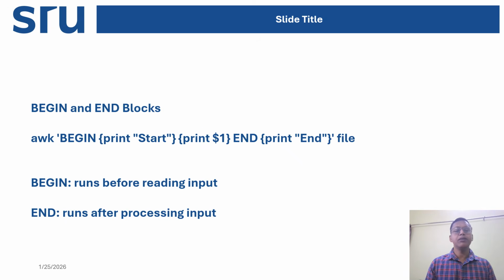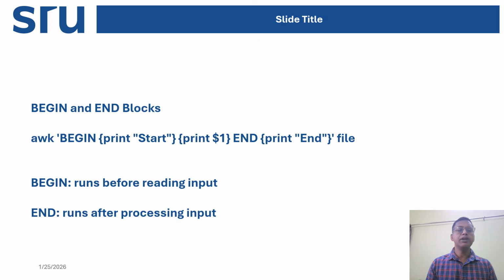This is the general form of AWK scripting. AWK BEGIN, then some set of lines, then the actual code, that is print something, and END with some set of lines. All the lines in AWK are divided into three parts. First is the BEGIN part, last is the END part, and in between you can give some other lines also.